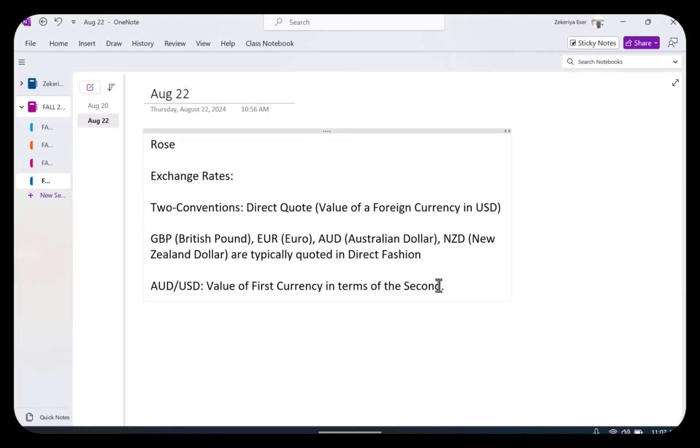But if I don't designate it, British pound, euro, Australian dollar, and New Zealand dollar are in the direct quote. Currently, this is equal to 0.6706. That means if you have 100 Australian dollars, that's going to buy you 67 US dollars and 6 cents.